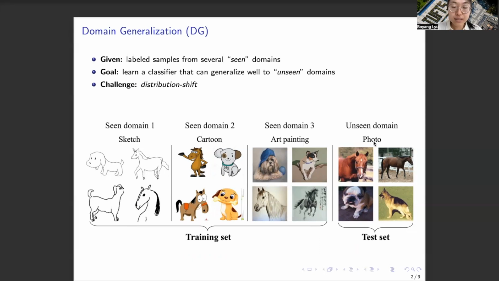And as we can see, the training data and test data don't share the same data distribution since they have very different figure styles. This phenomenon is called distribution shift, which is also the biggest challenge of the domain generalization problem.